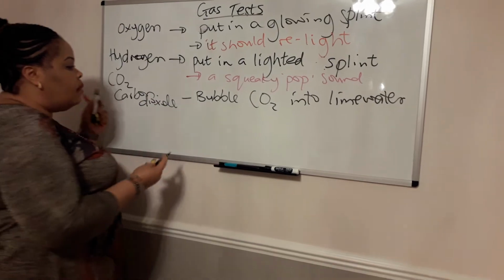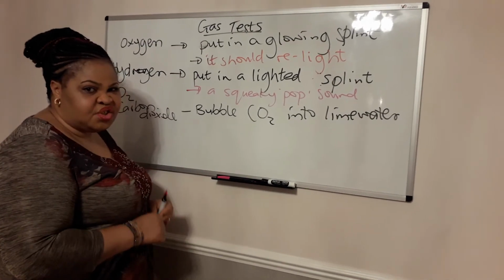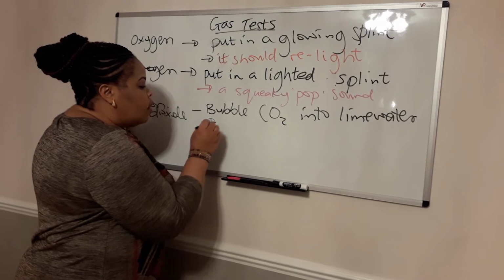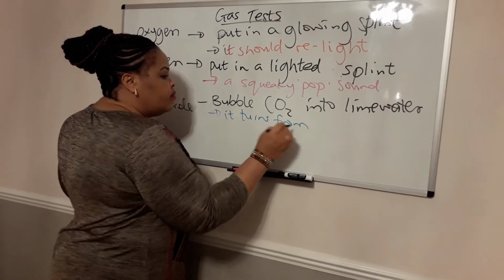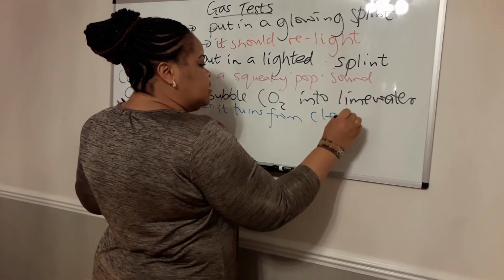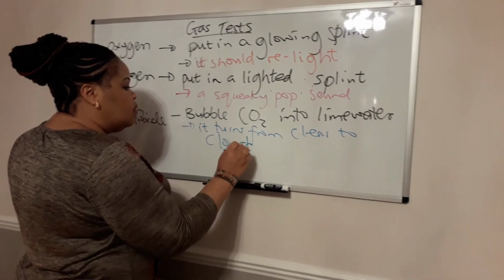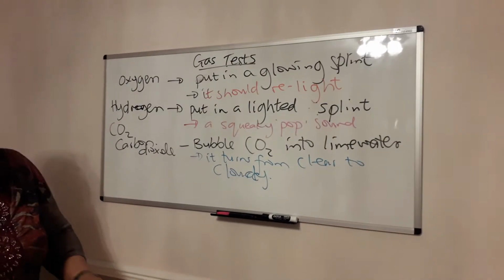So the outcome is that it turns from clear to cloudy. These colors do not mean anything, it's just that I like using different color pens. It turns from clear to cloudy. That is the outcome for the test for carbon dioxide.